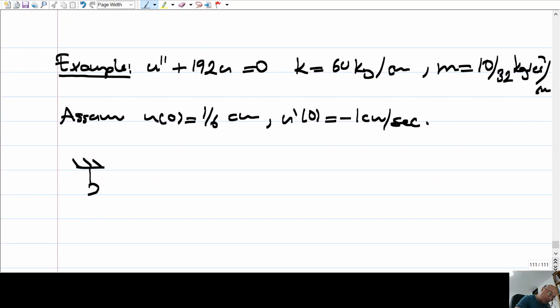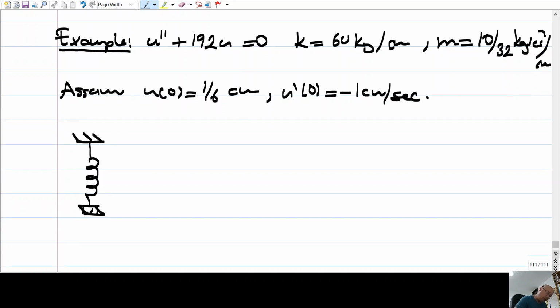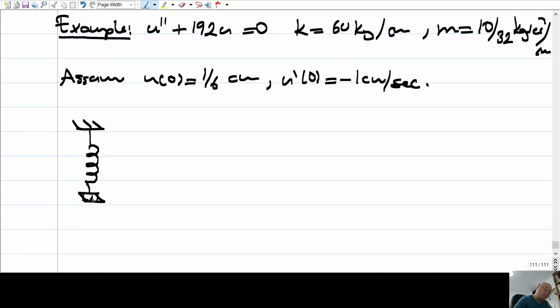So let's say if this is the spring, this is the position where it is not stretched, the amount of stretch is 0. So in our case, the object is here, so this is the amount of stretch, u0, which is 1 over 6, and the mass has negative velocity.